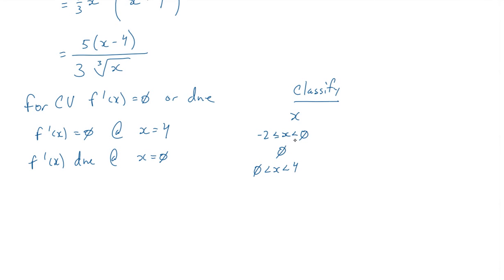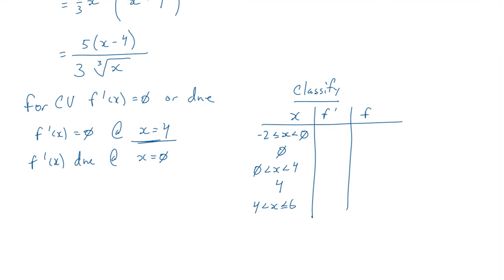So notice I'm not including either of those. And then at 4, and then from 4 to the upper bound of the interval of the question, which is 6. Now, watch what happens here. At 4, the derivative is equal to 0, but at 0, the derivative does not exist. So this is the first time that we're seeing this.